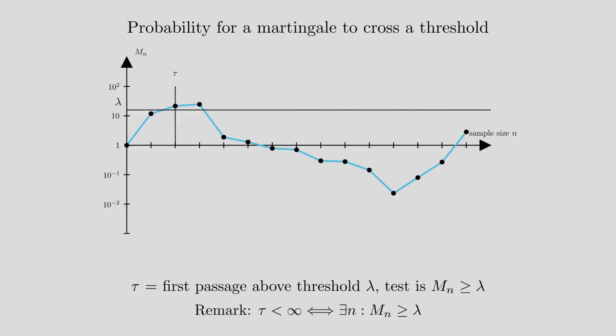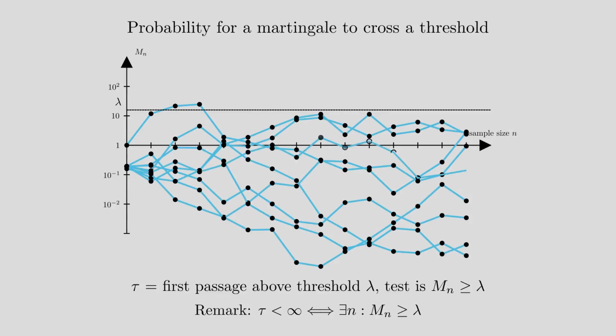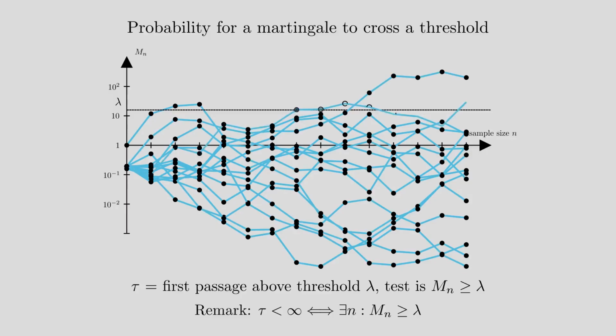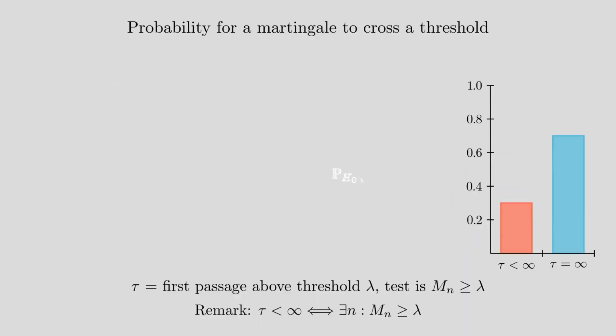We get a bunch of trajectories, up to some time n. Some of them crossed the threshold before time n, others did not. If we take very, very big n going to infinity, what then is the proportion of trajectories for which tau is finite? How often do martingales cross the threshold?